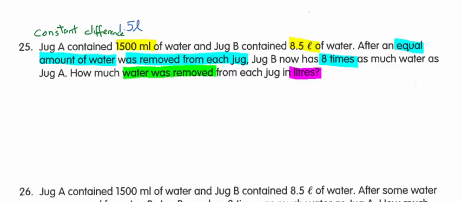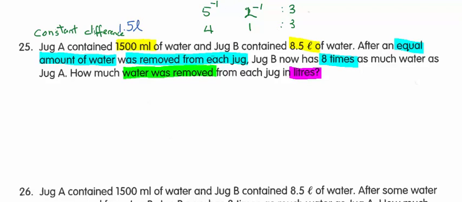This is a constant difference because let's say I have 5 pencils, you have 2 pencils. If we both minus 1 away, our difference initially is 3. If we both minus 1 away, our difference at the end is still 3. So this is what we mean by constant difference.